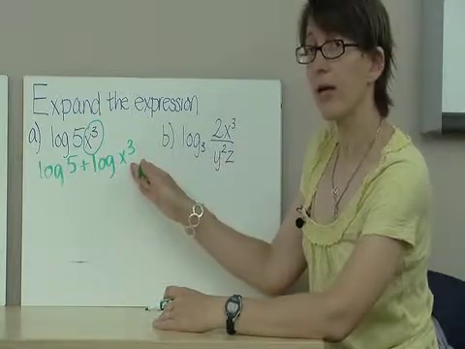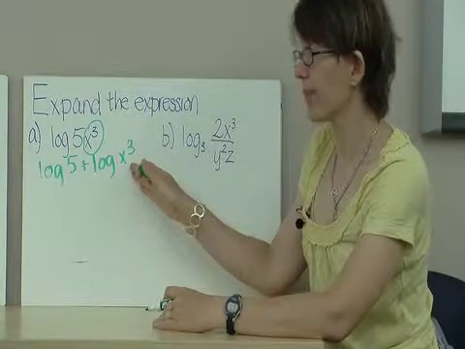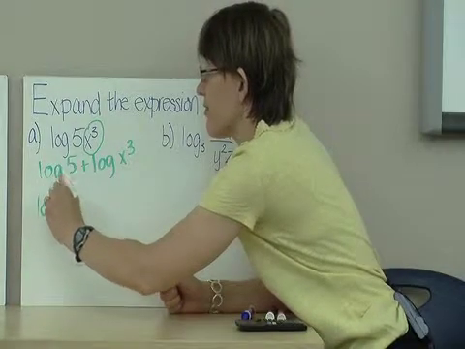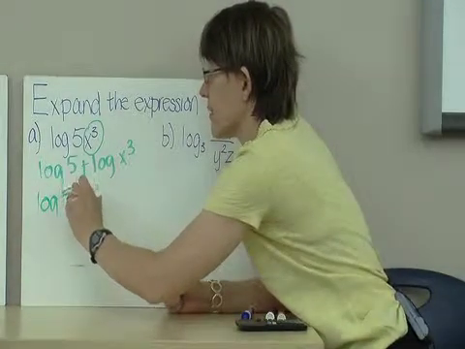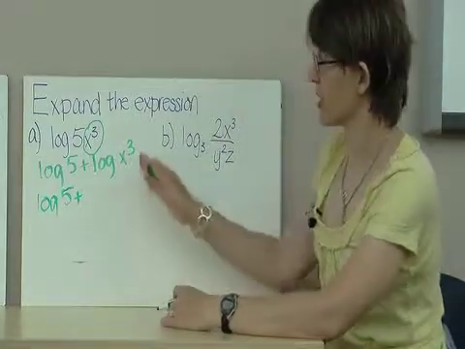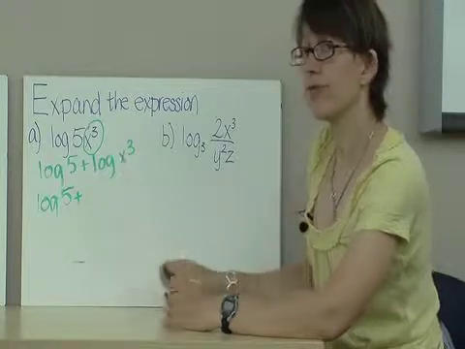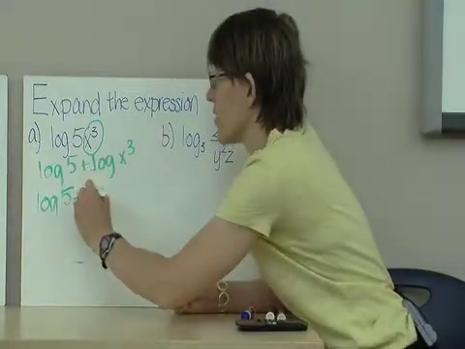Now I can apply the power rule. My first part of the expression, log of 5, will stay the same. In the second part of my expression, the exponent of x will come to the front and multiply the logarithm.